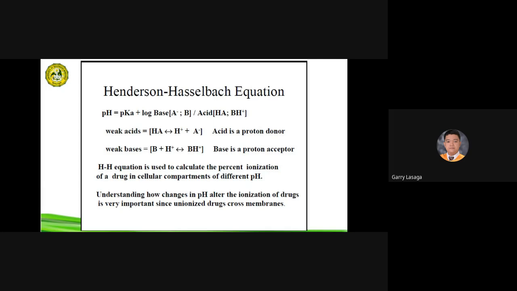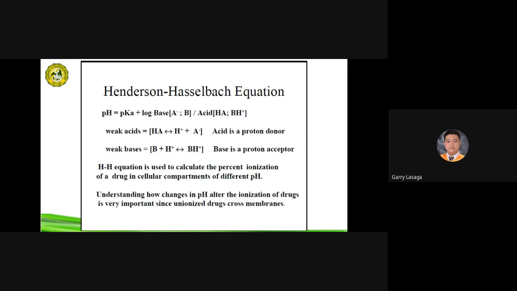Because these fluids contained within different fluid compartments or cellular compartments have different pH. So the pH of the environment can greatly affect the percent ionization of the drug.